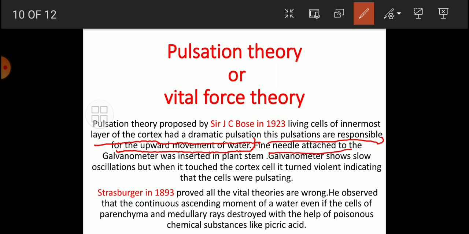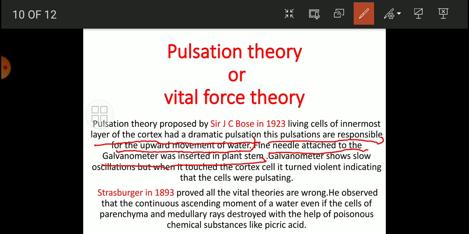The needle attached to the galvanometer was inserted in the plant. What J.C. Bose did, to come to the conclusion that the pulsation theory is responsible for the ascent of sap, was conduct one experiment.